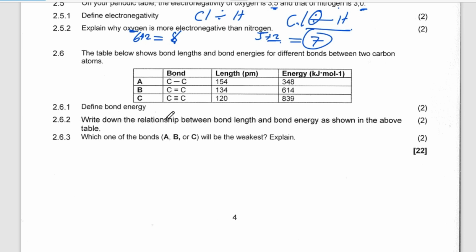Basically, when you talk about bond energy, we have different definitions depending on what your teachers taught you. But in actual sense, bond energy is the measure of the bond strength. Meaning that if the bond energy is high, the strength of that bond is also high.